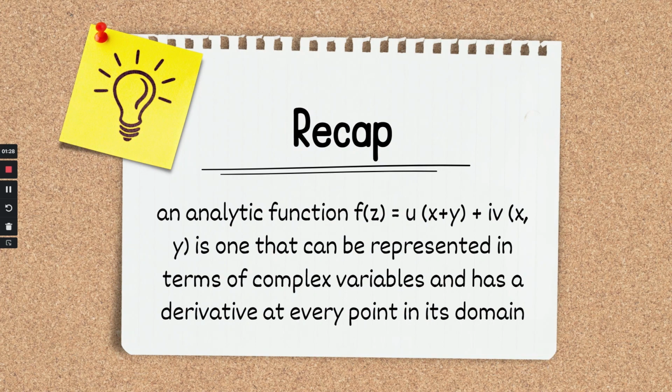As a recap, an analytic function f of z is equal to u(x,y) plus iv(x,y) is one that can be represented in terms of complex variables and has a derivative at every point in its domain.